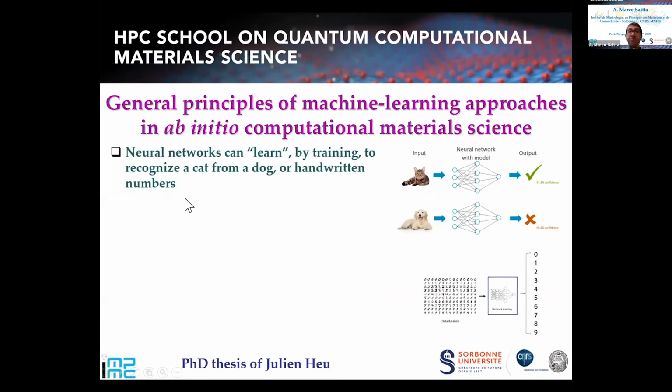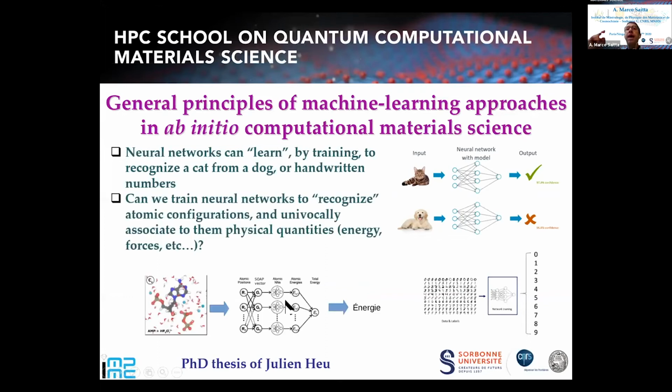The idea of using machine learning in this field is that, pretty much as we use neural networks to distinguish the picture of a dog from the picture of a cat, or to recognize handwritten numbers, we can try to recognize atomic configurations and predict the energy without doing the calculations.